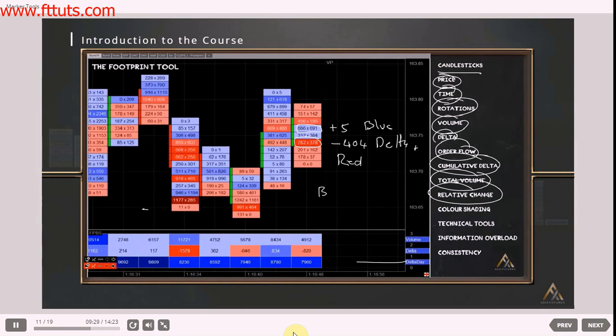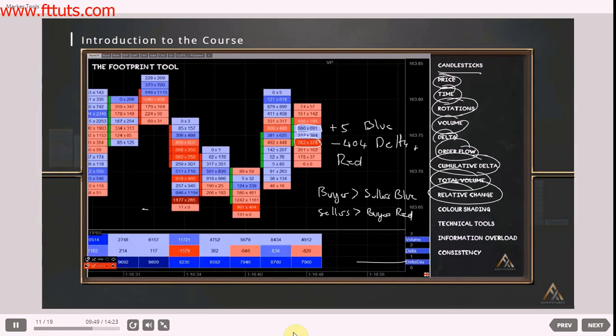So when the buyers are effectively trading more volume at a price than sellers, we get a blue footprint segment. And when the sellers are selling more volume than the buyers at a segment, the color will be red.